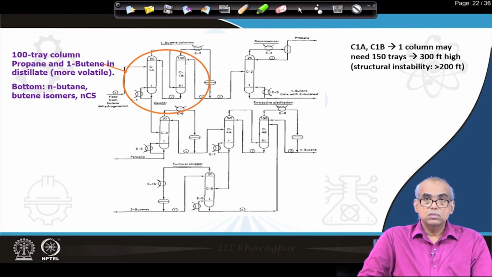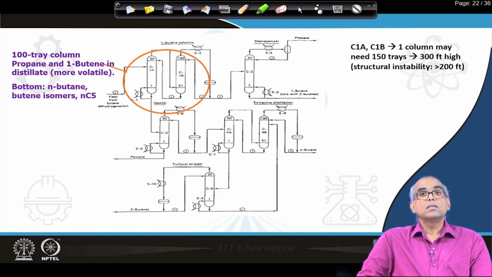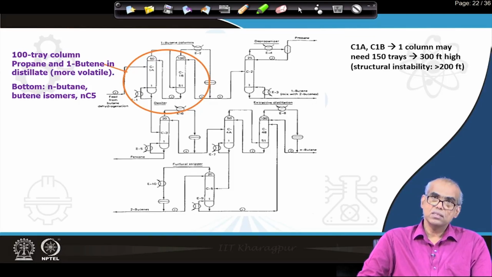So, what will be the bottom one? The remaining of the components. What are those? N-butane, then trans-2-butene and cis-2-butene, these 2 isomers, as well as N-pentane.